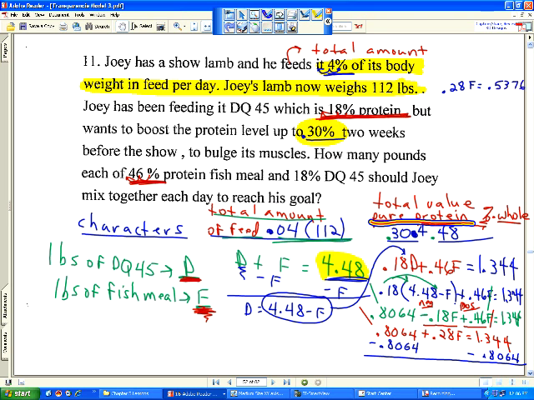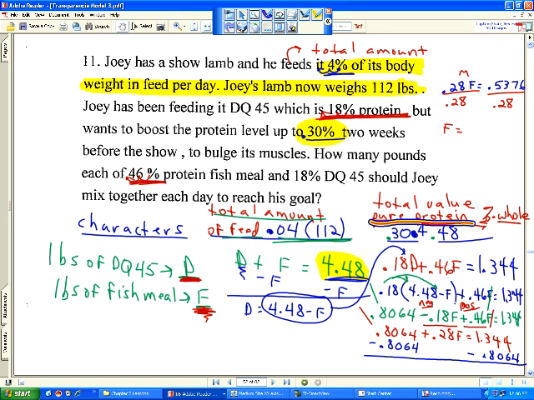Thanks. Now we're going to undo multiplication by division. We divide by 0.28, and we get F is equal to 1.92. That's what I was thinking.